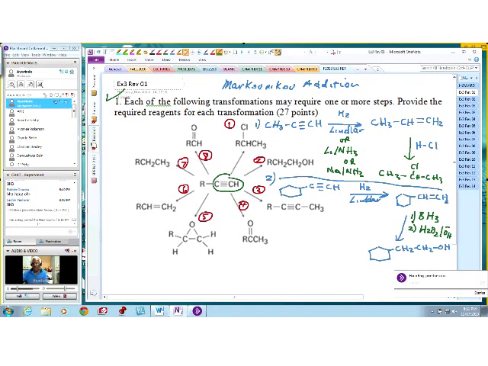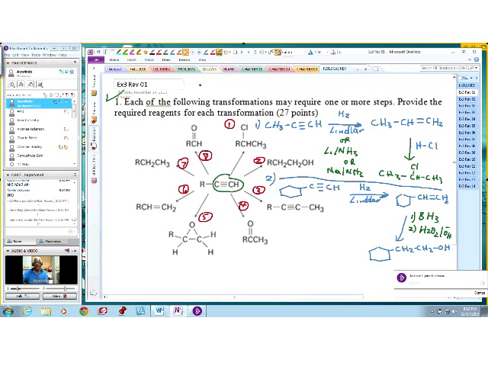Okay, you need to say step 1 and step 2, because if you don't do that, you will be losing some points. Okay, so make sure you indicate the sequence 1 and 2. Okay, so this is an anti-Markovnikov addition of water. As you can see here, this is an anti-Markovnikov addition of water.